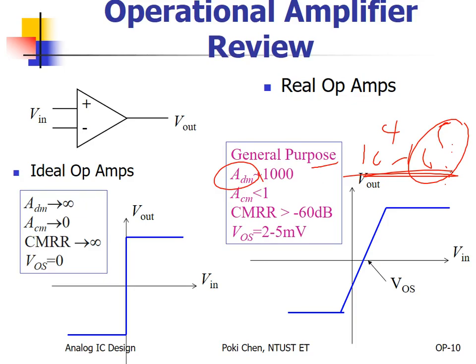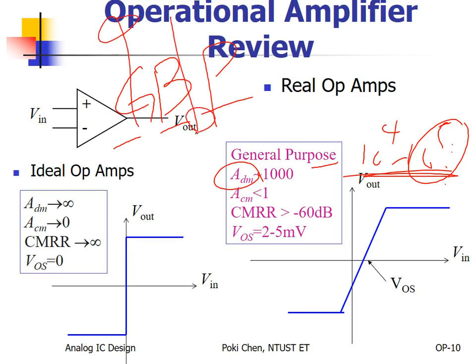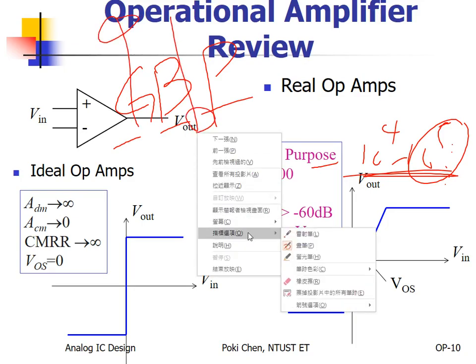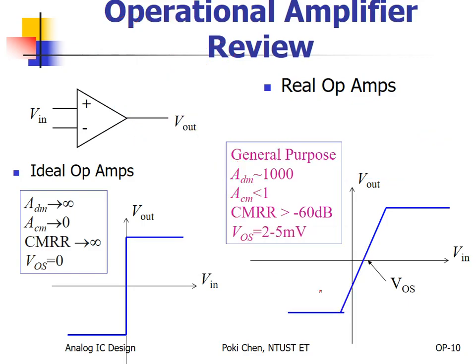Okay, usually the larger gain means the smaller bandwidth. Please keep this in mind. Unless you change your process, unless you change your structure, with the same structure, we know that the gain bandwidth product will be fixed. The larger gain means the smaller bandwidth. Okay, nothing is free. Pay for it.